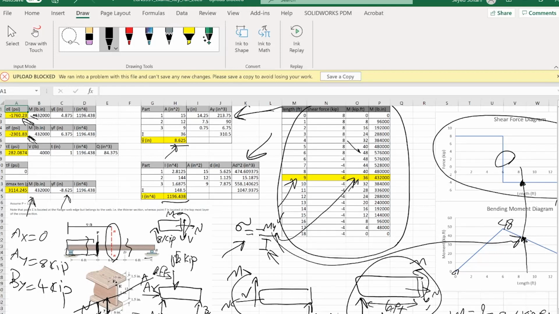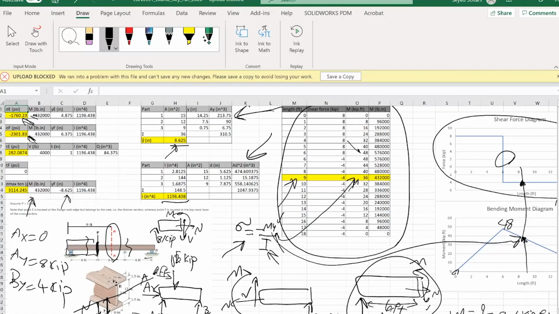Now let's move on to the transverse shear stresses. The values for both points have been asked for, but one of which was actually super easy. We already knew it before we did any of these calculations. The transverse shear stress at point F should essentially be equal to 0. Why? Because that's the topmost layer, and for the topmost layer, Q is equal to 0.